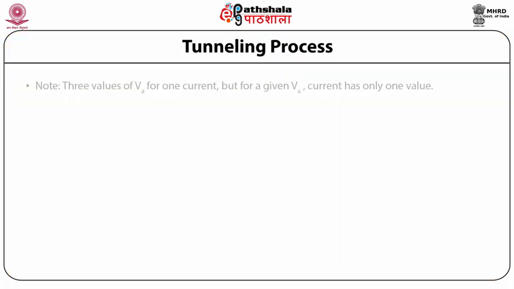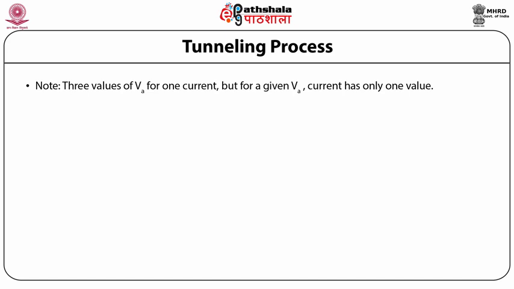So the values of I_P, that is peak, and I_V, valley, determine the negative resistance. For this region, the ratio of I_P to I_V is used as a figure of merit for the tunnel diode.